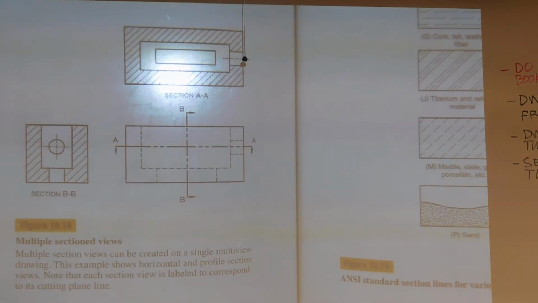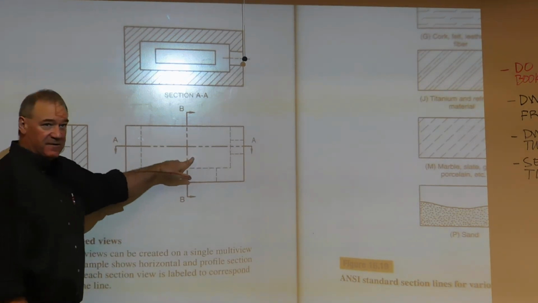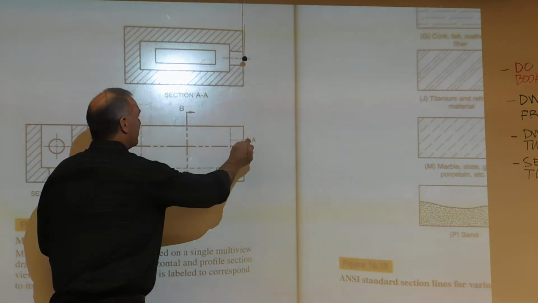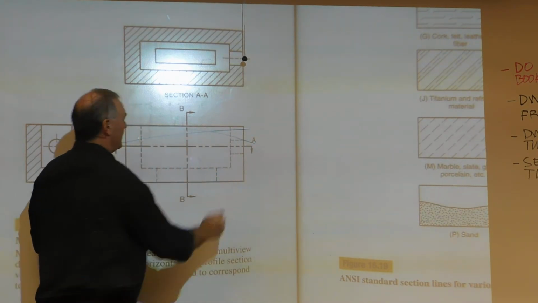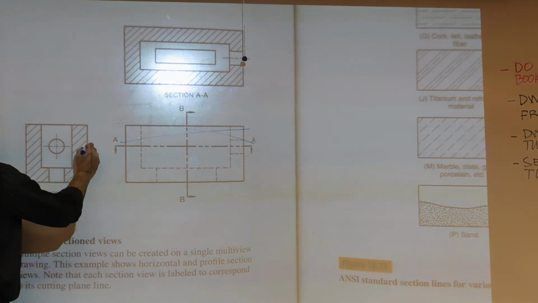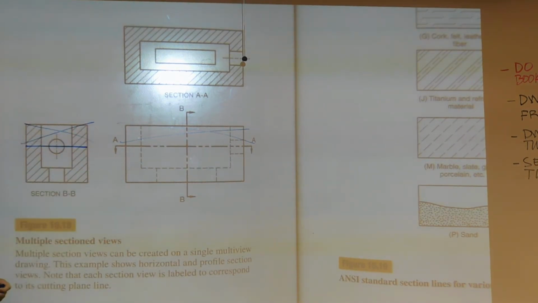So here again I got 2 sections. Section A, in essence, I'm throwing all this away, right? To draw section A. So when I project section B, it wouldn't be with that gone. It would be as if A wasn't there. Does that kind of make sense? Okay.